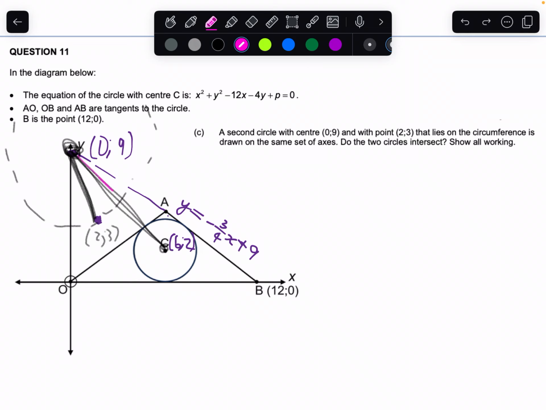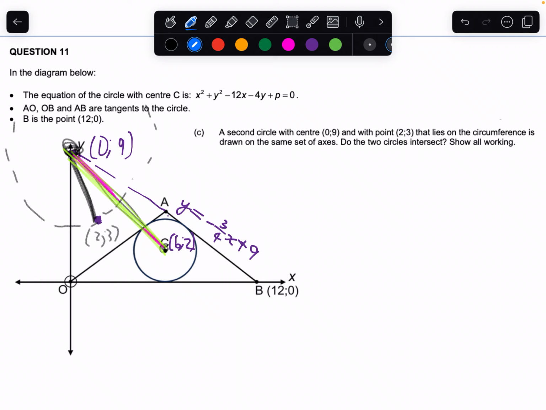So if this radius plus this radius is smaller than the distance between them, then we know that our circles overlap. If it's exactly equal, then we know that our circles just touch once. Otherwise, if that distance is greater than the sum of the radii, then we know our circles don't touch. I already have a feeling they don't touch, but anyway, who am I to judge from a diagram?